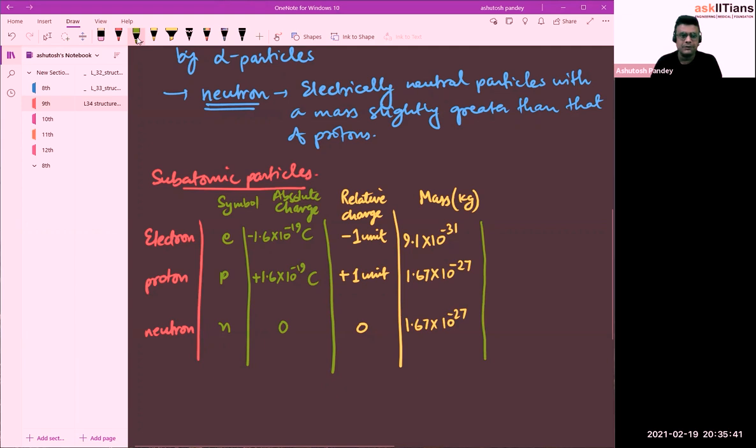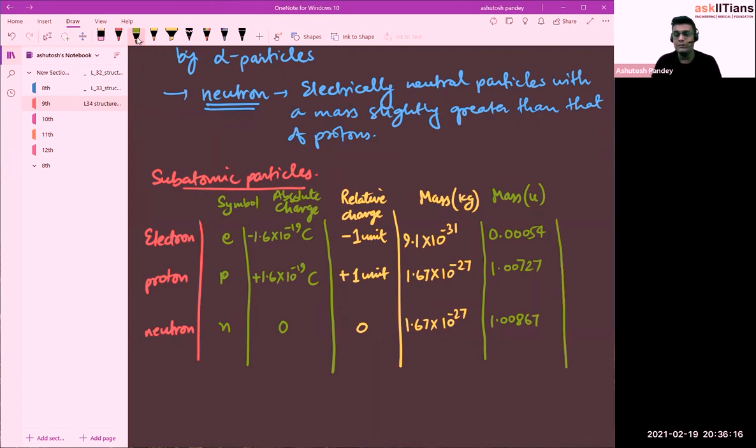This was the absolute mass. Now the mass in atomic mass units: 0.00054 for the electron, 1.00727 for the proton, and 1.00867 for the neutron.